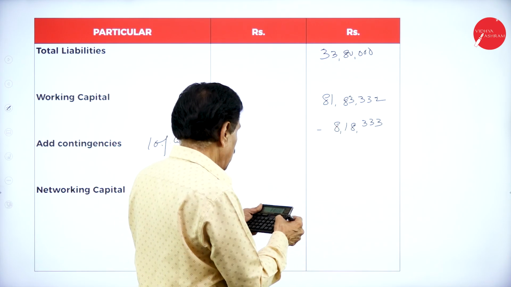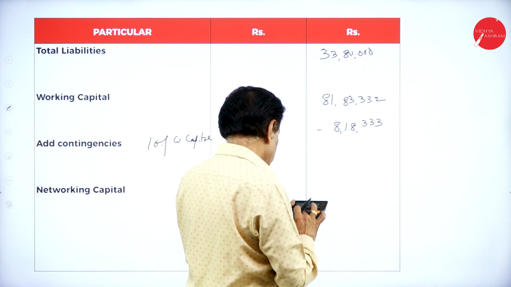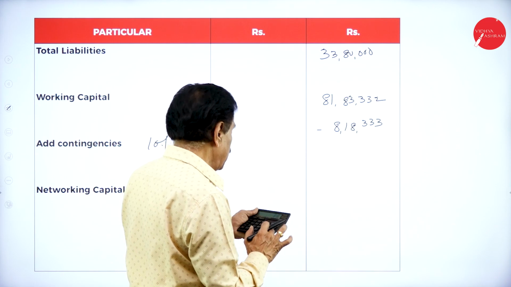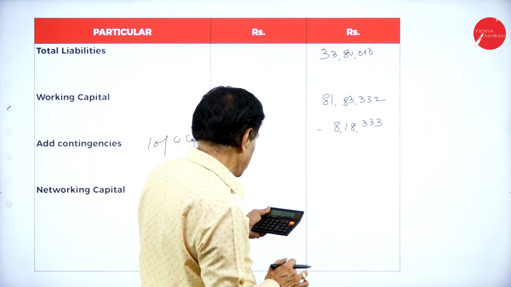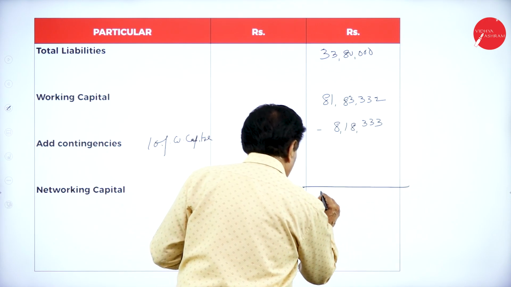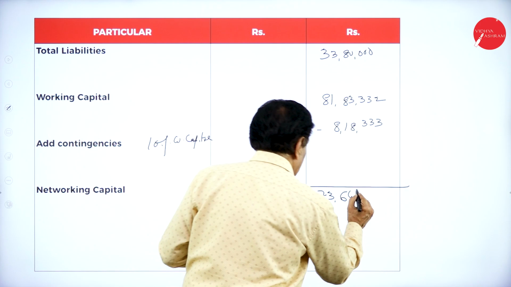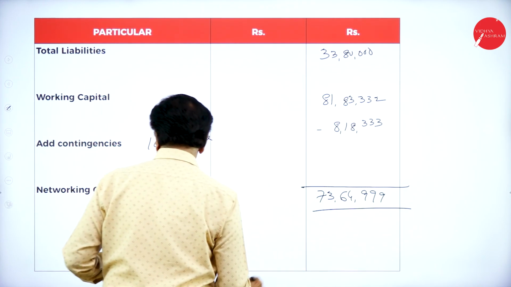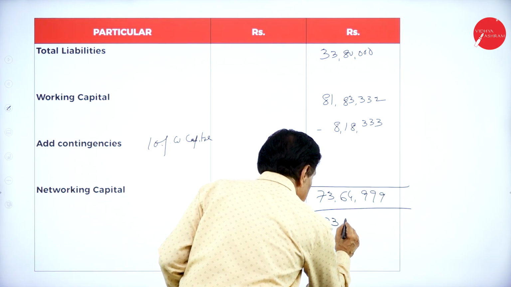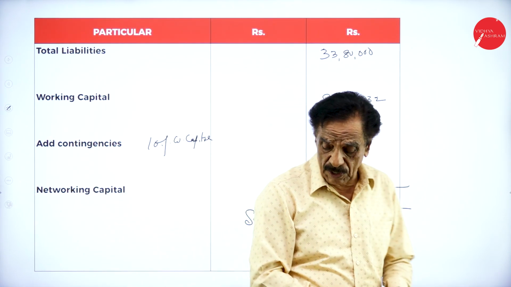Minus 81 lakh 83,332, 81 lakh 83,332 minus 8,18,333 is equal to net working capital 73 lakh 64,999. Say 73 lakh 65,000. So 73 lakh 65,000.